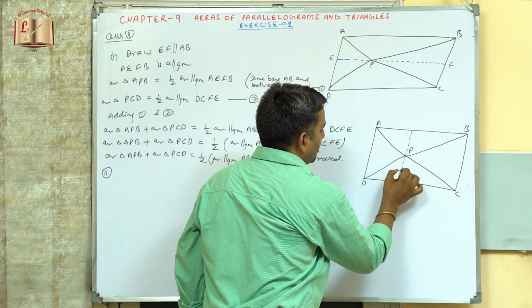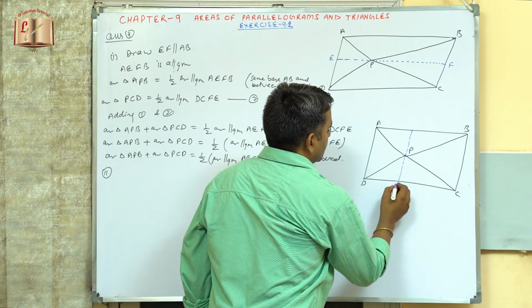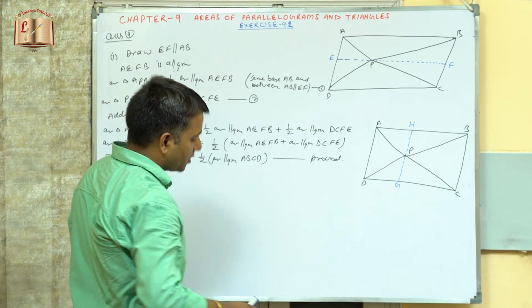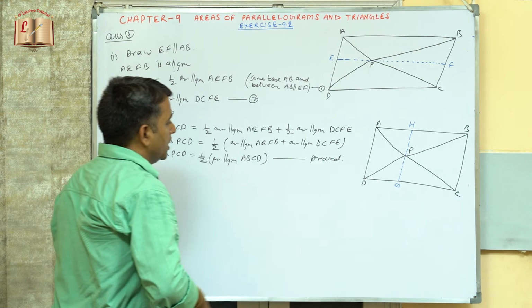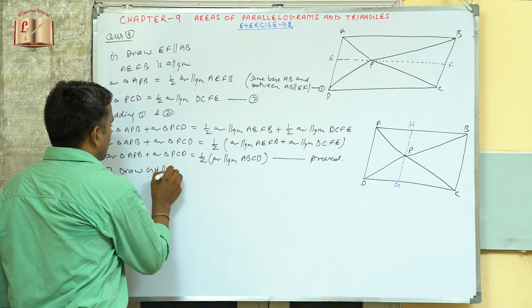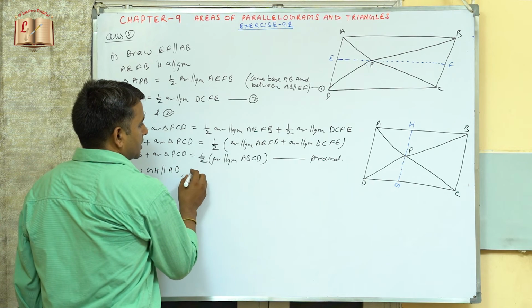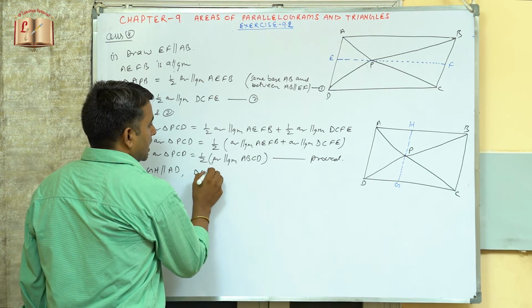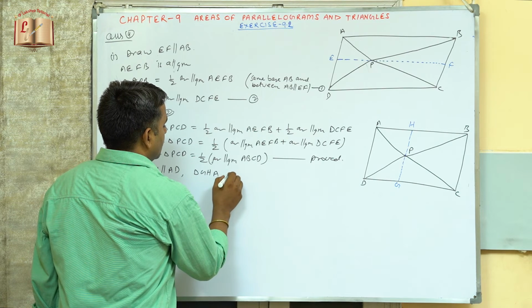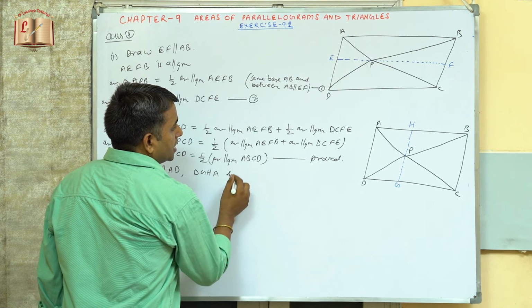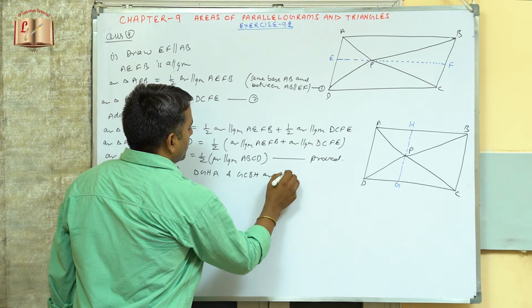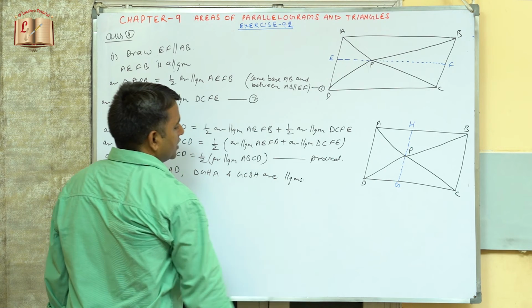We can call it G and H. So we have drawn GH parallel to AD, such that DGHA and GCBH are parallelograms. So now these are the parallelograms.